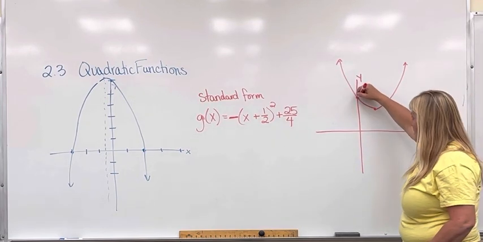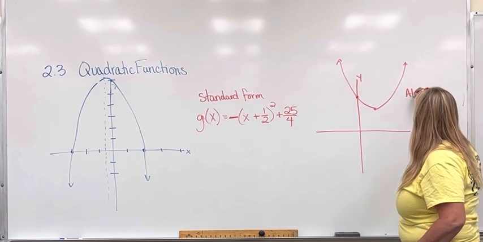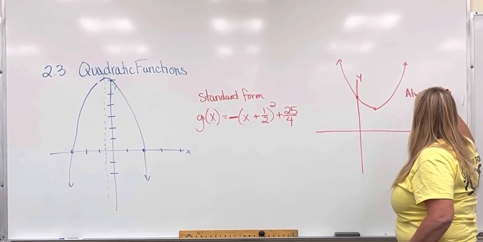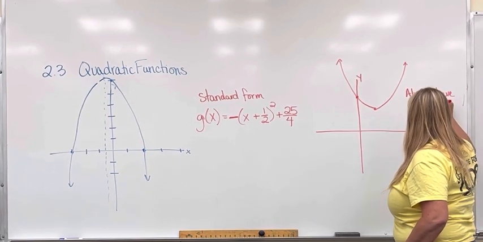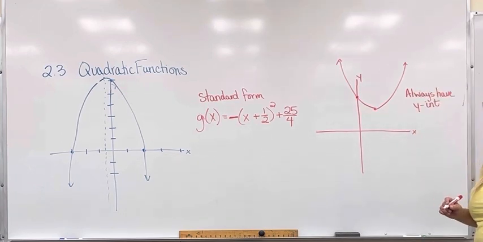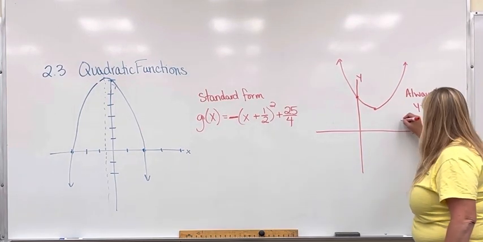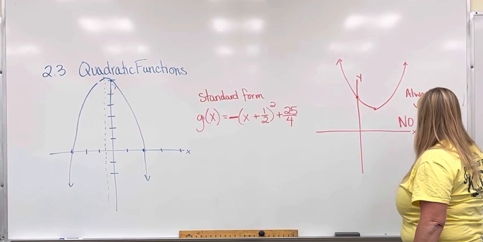And for sure, every parabola is going to have a y-intercept. So we always have a y-intercept, okay? Always. But do you notice how there are no x-intercepts? Okay? No x-intercepts on this guy.